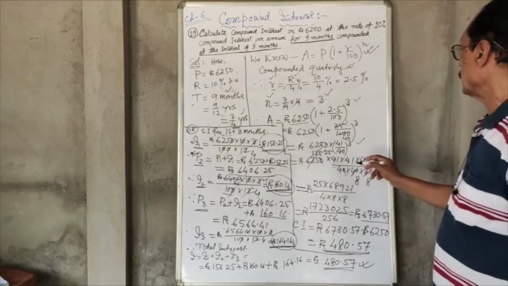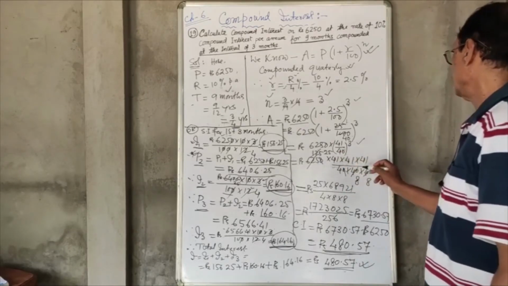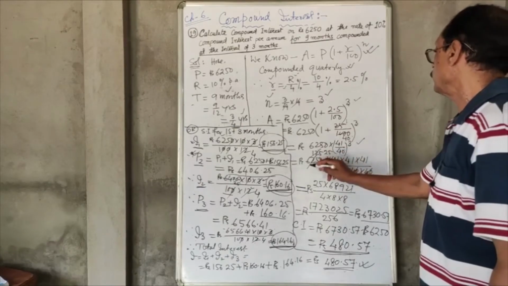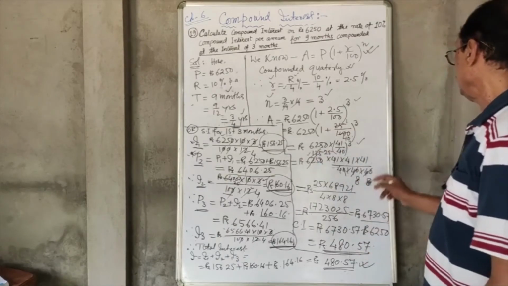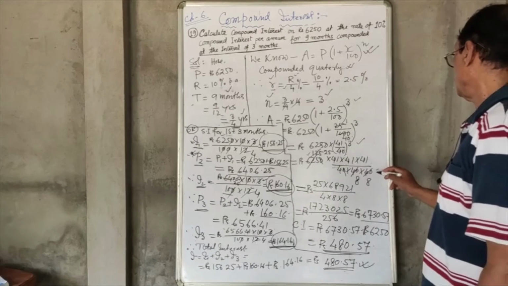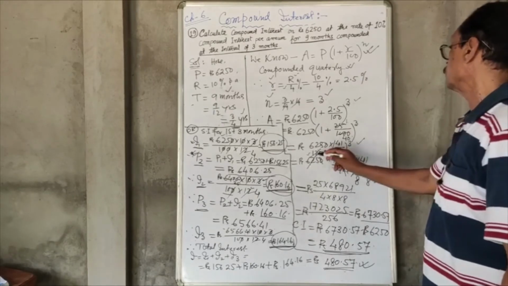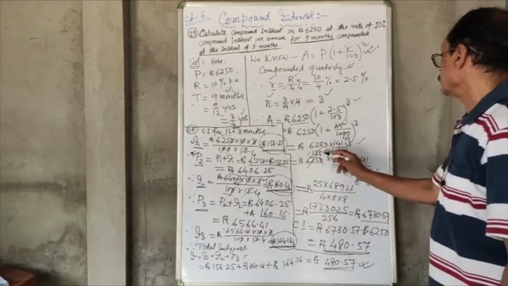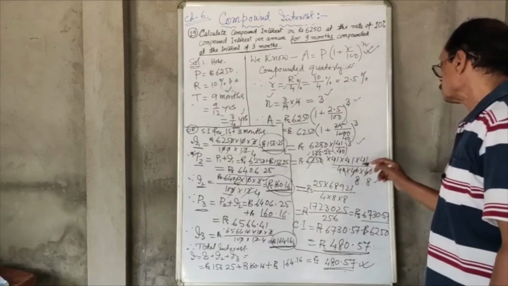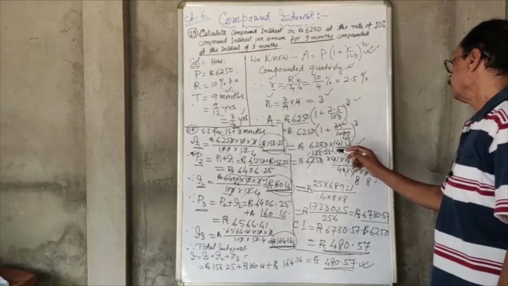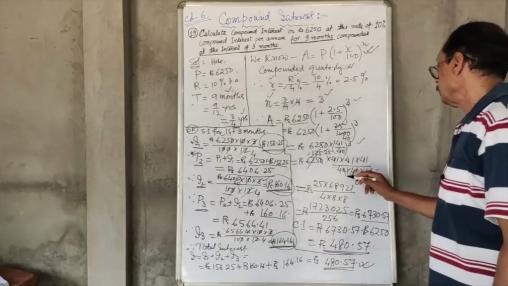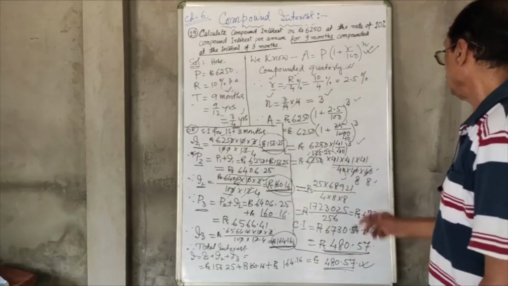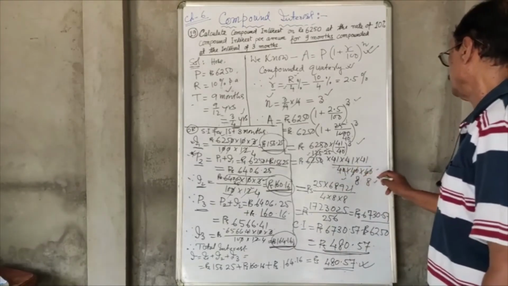If we go through the calculation, the zeros cancel. If we divide 40 by 5, it will be 8. Dividing 6,250 by 5, it will be 1,250, and dividing again, 40 by 5 is 8. Dividing by 5 again, we finally get 25 into 41 into 41 into 41. Multiplying 41 into 41 into 41 gives 68,921, into 25, divided by 4 into 8 into 8.